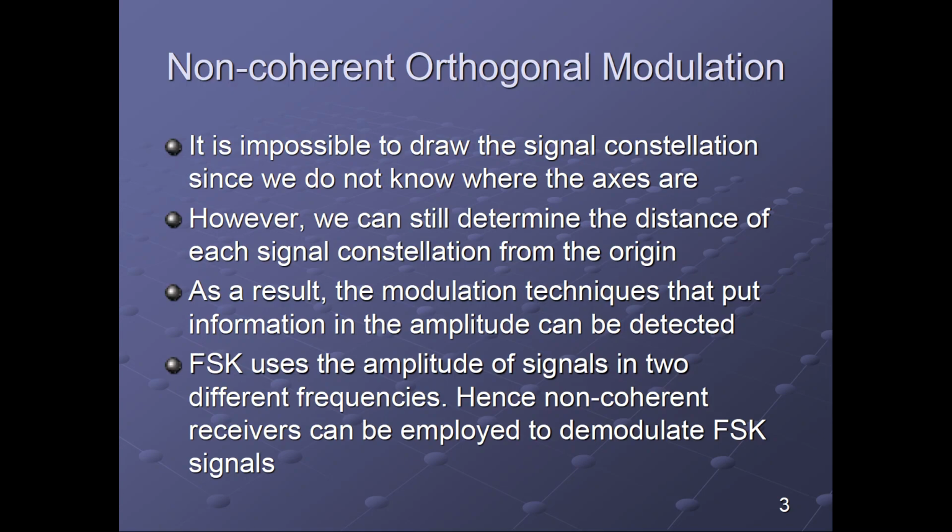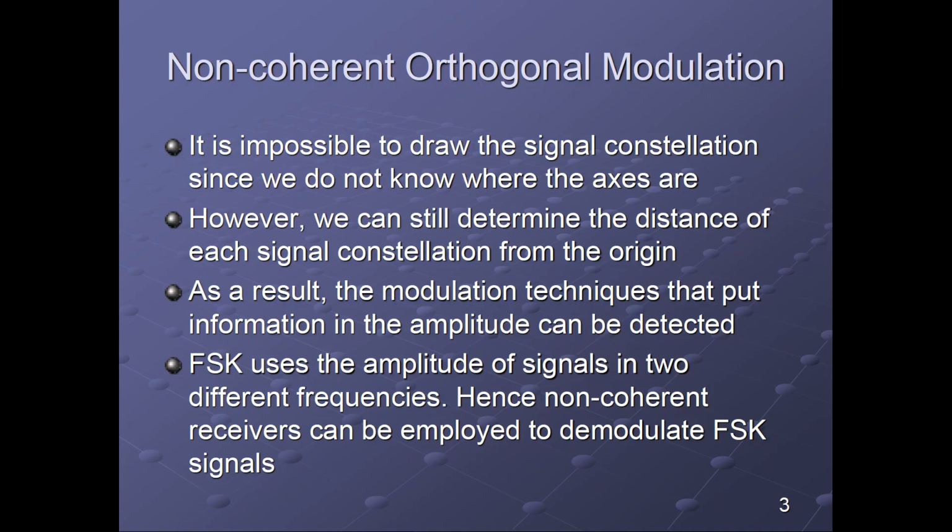However, we can still determine the distance of each signal constellation point from the origin. The origin is always fixed. As a result, any modulation technique that puts information in the amplitude of your carrier can be detected non-coherently.